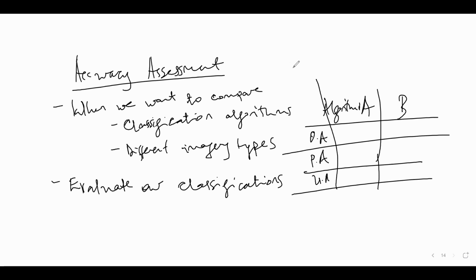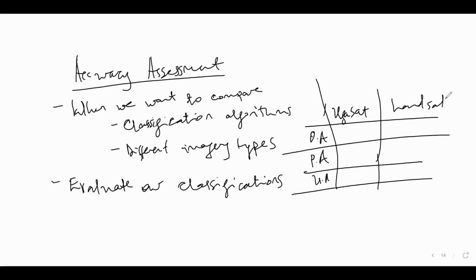In that case, we would say, instead of the algorithm, what's the overall accuracy, producer accuracy, user accuracy, which of them maps water better, and so on. So that's what we would be doing. Those are some of the instances where we would need to carry out accuracy assessment.